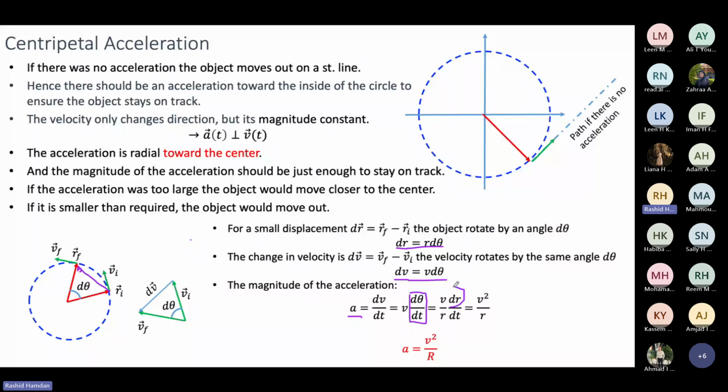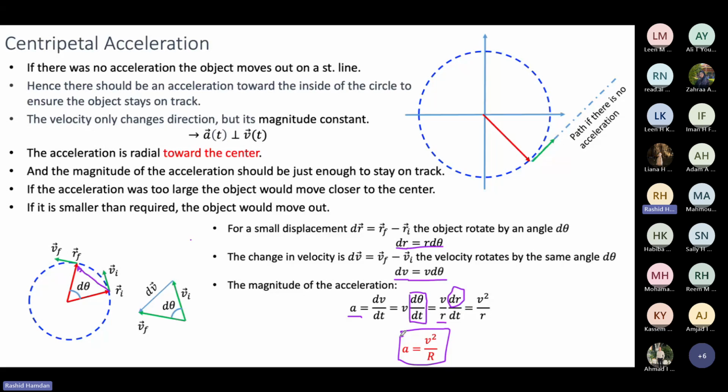So we have dr over r, so I have v over r. But dr over dt is what? Is v again. So I got v squared over r. The acceleration required for me to stay on the circle, or the centripetal acceleration required for the object to stay on the circle, is equal to v squared over r.